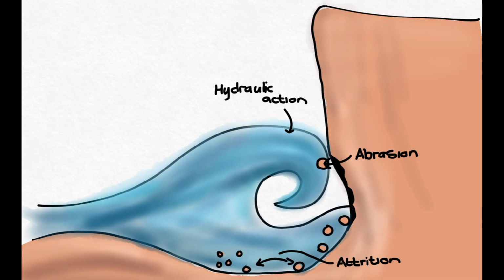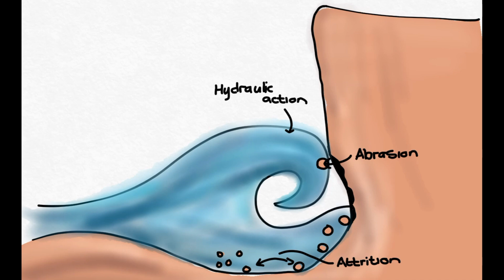Whereas attrition is when materials such as rocks and stones are carried by waves, but then are hit and knocked against each other, wearing themselves down. The effects of attrition are also amplified when the waves carry material farther and longer. So a large round boulder would be gradually reduced into round sand grains or quartz the longer it remains in the ocean and the farther it travels along the shore.